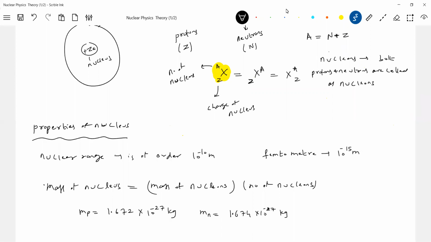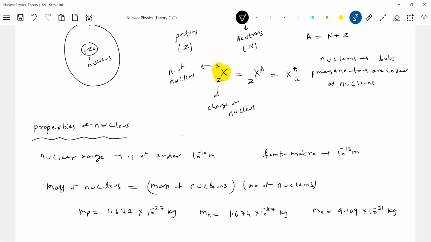Some books give 1.675. And the mass of an electron is 9.109 into 10 to the power of minus 31 kg. So these are the masses of the particles that we are able to measure using experimental data.